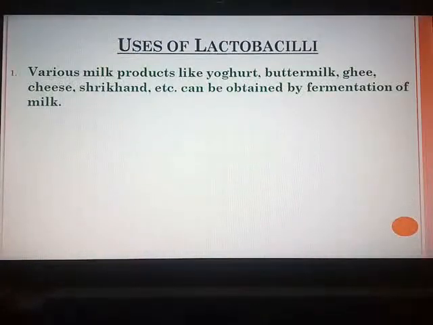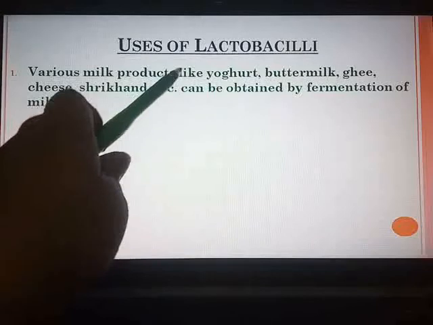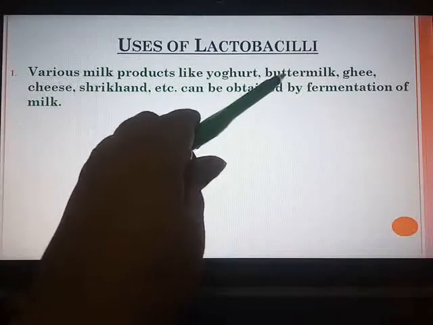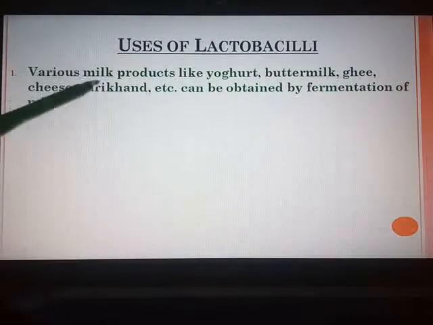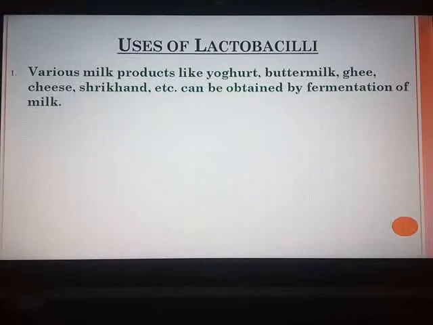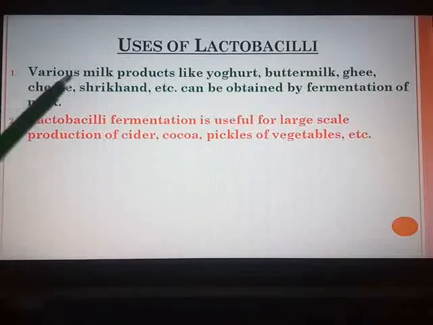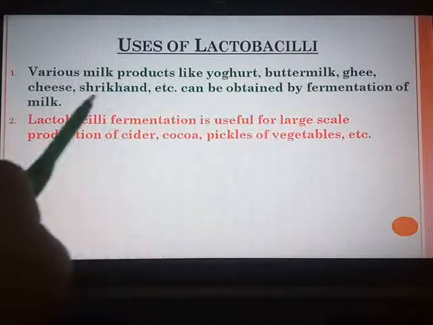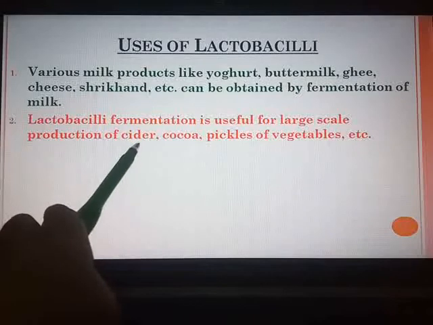The first use is that various milk products like yogurt, buttermilk, ghee, cheese, shrikhand, etc. can be obtained by fermentation of milk. In the process of fermentation of milk, lactobacilli has to be added. Second, lactobacilli fermentation is useful for large-scale production of cider.